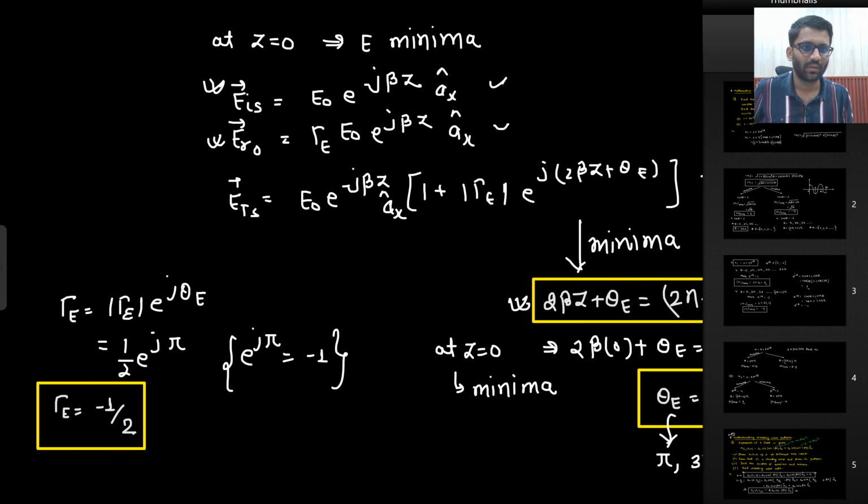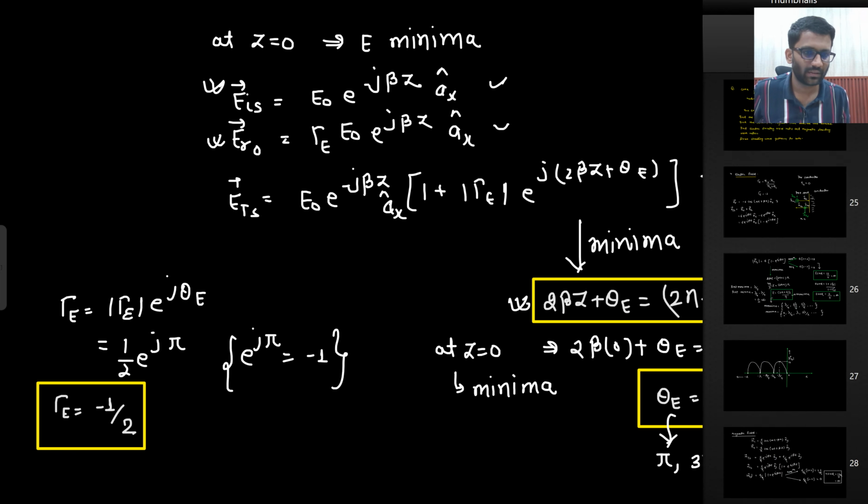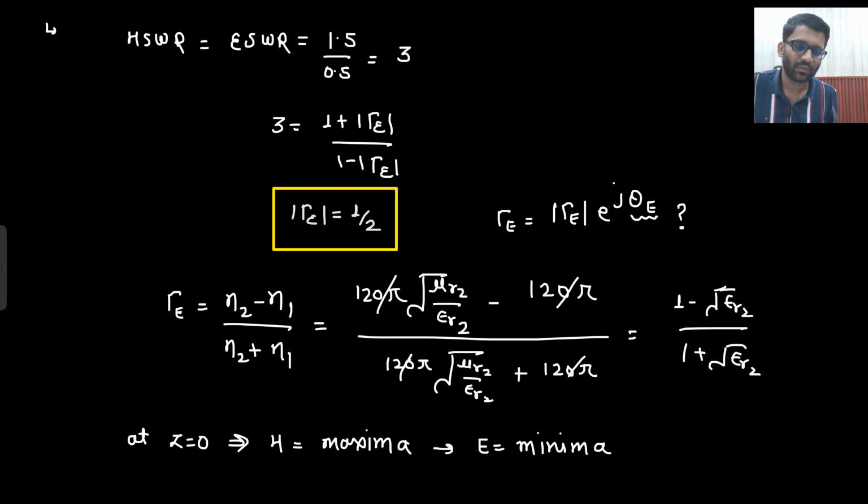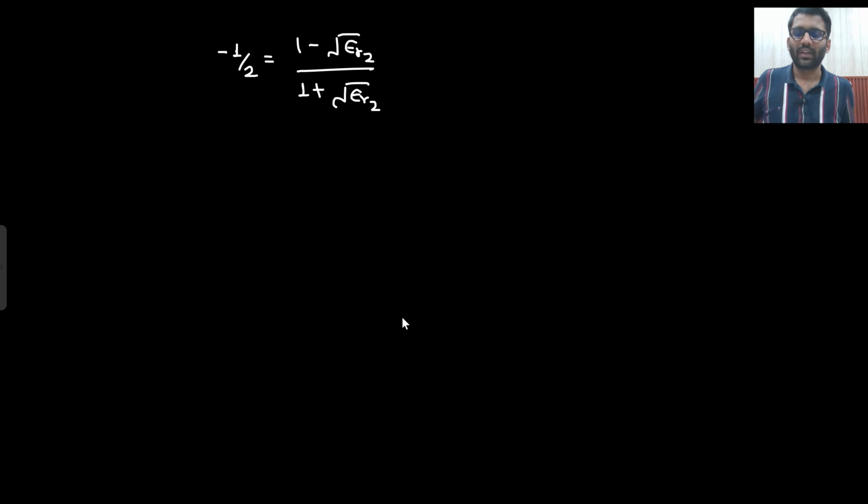Now gamma E is -1 by 2, which equals (1 minus under root epsilon R2) divided by (1 plus under root epsilon R2). Can I solve it? Certainly.